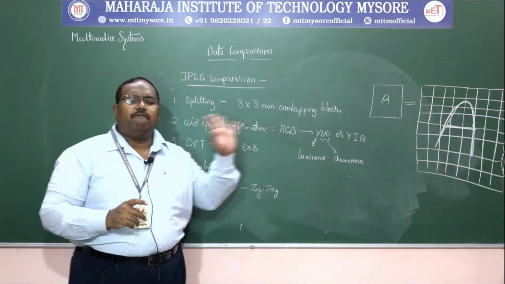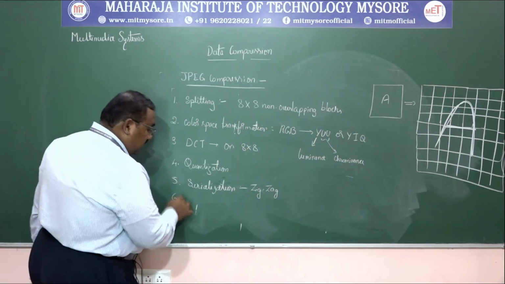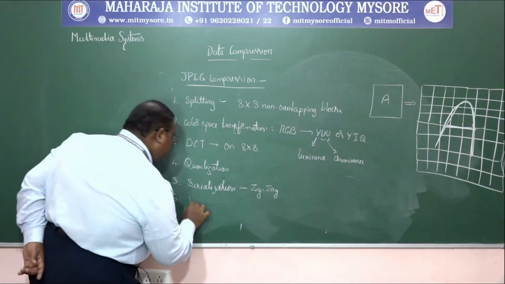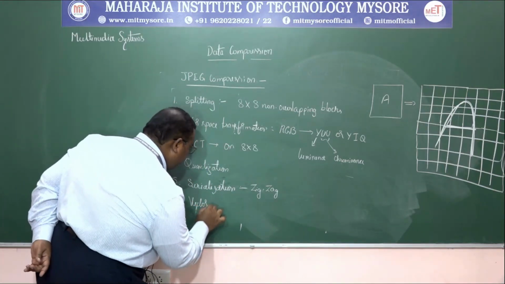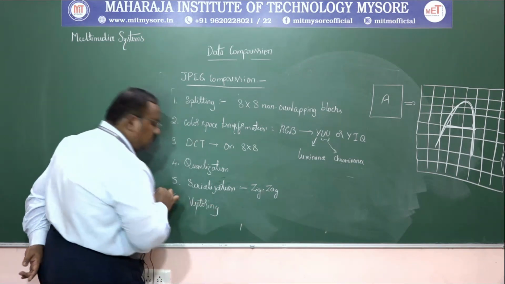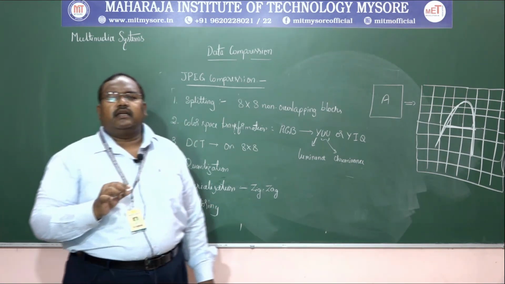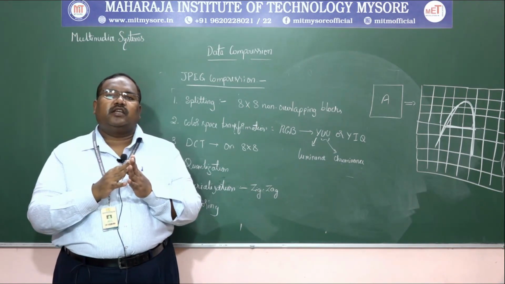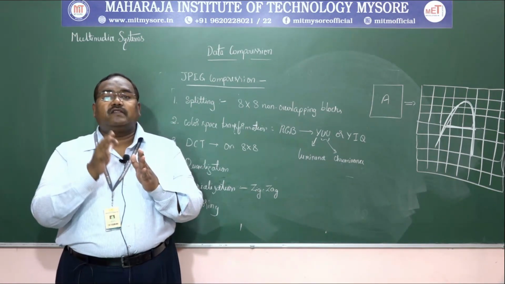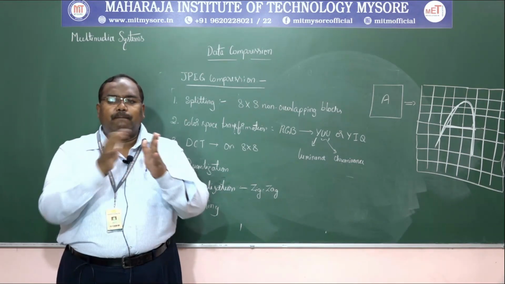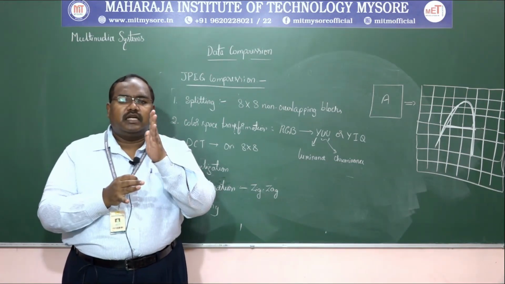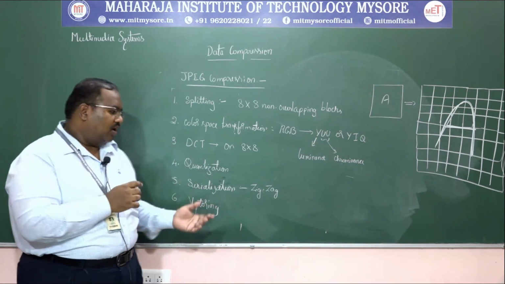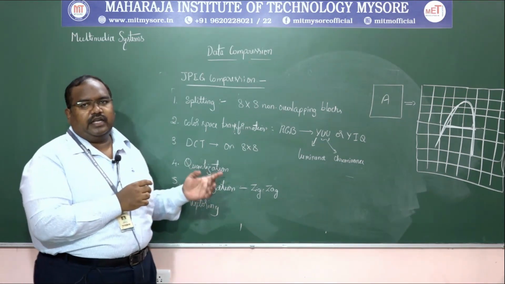Finally, after the zigzag scanning, we do vectoring. What is vectoring? Here we apply differential PCM on the DC component. What is PCM? Pulse code modulation. We apply the values of the differential PCM on the DC components. That is called vectorization or vectoring.